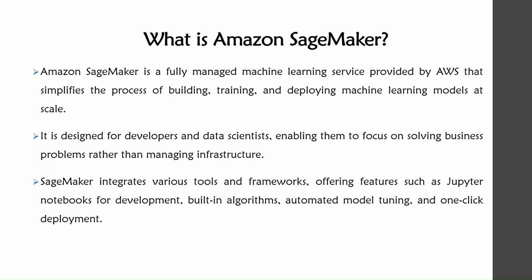SageMaker handles the heavy lifting of setting up and managing the computing resources like servers, CPUs, and storage needed for machine learning. Developers and data scientists don't need to worry about configuring the infrastructure, ensuring availability, or scaling the resources. AWS takes care of all the backend operations like maintenance, updates, and security of the infrastructure.